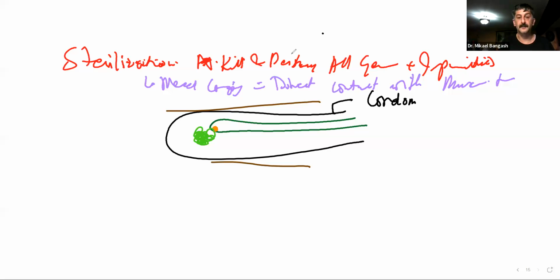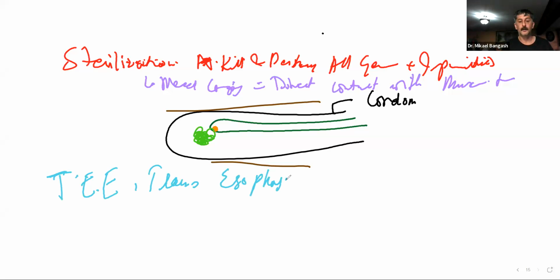That is something they do when they do a TEE, which stands for transesophageal echocardiography.